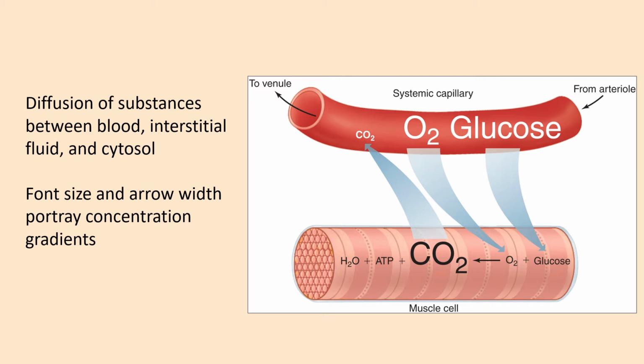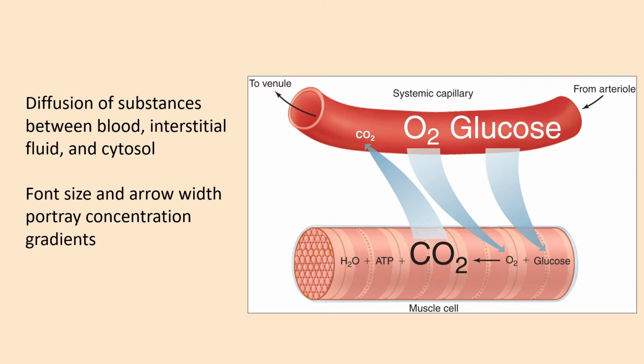So cells are constantly generating carbon dioxide, and that carbon dioxide is small, it's lipid soluble, it easily diffuses across the plasma membrane of the muscle cell into interstitial fluid. It easily diffuses across the capillary wall and into blood along its concentration gradient.